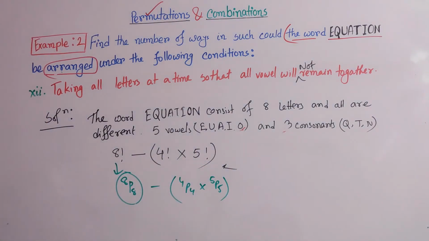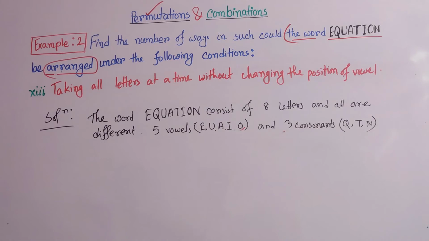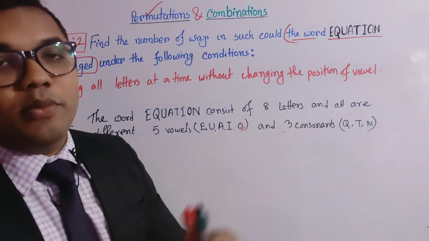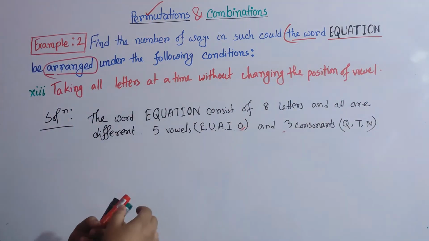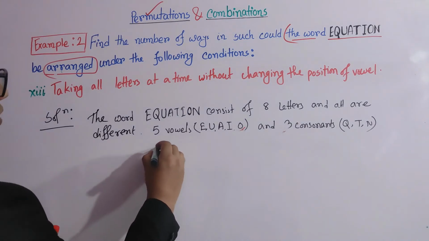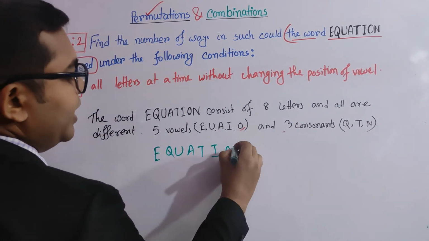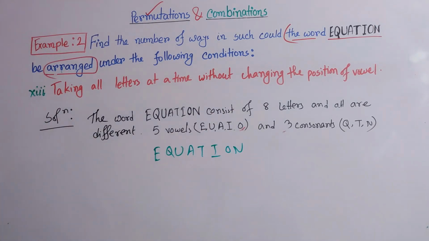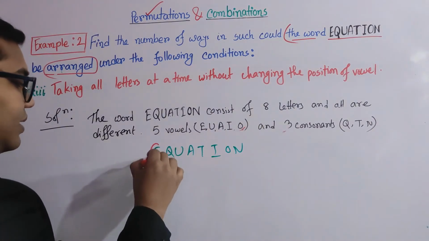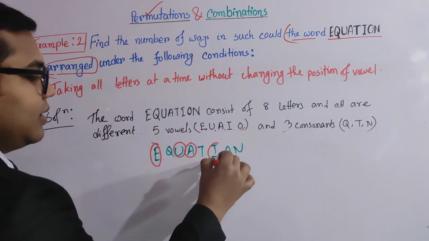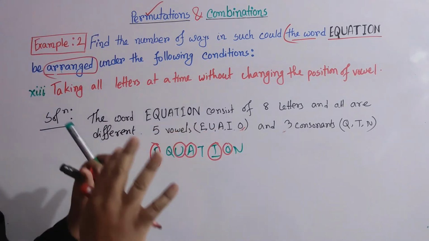Number 13 says taking all the letters at a time without changing the position of the vowels. So what does that mean actually? This is the word EQUATION. Here the positions of E, U, A, I, O are fixed.